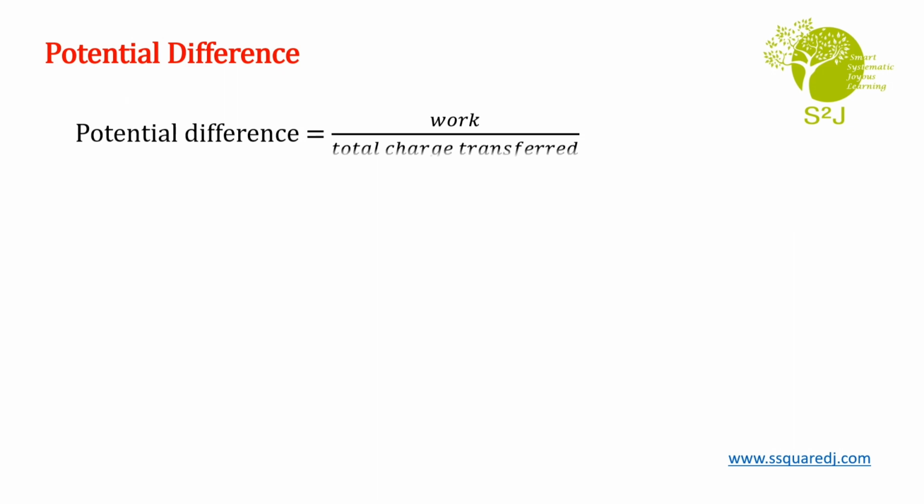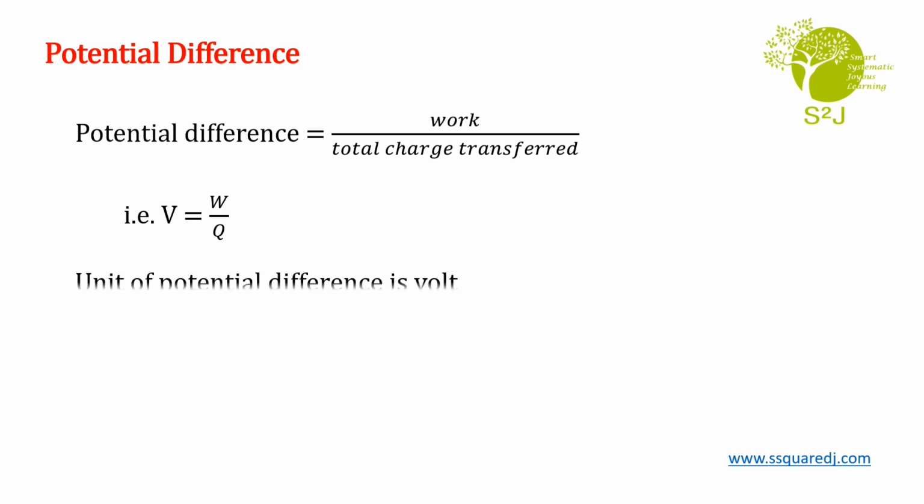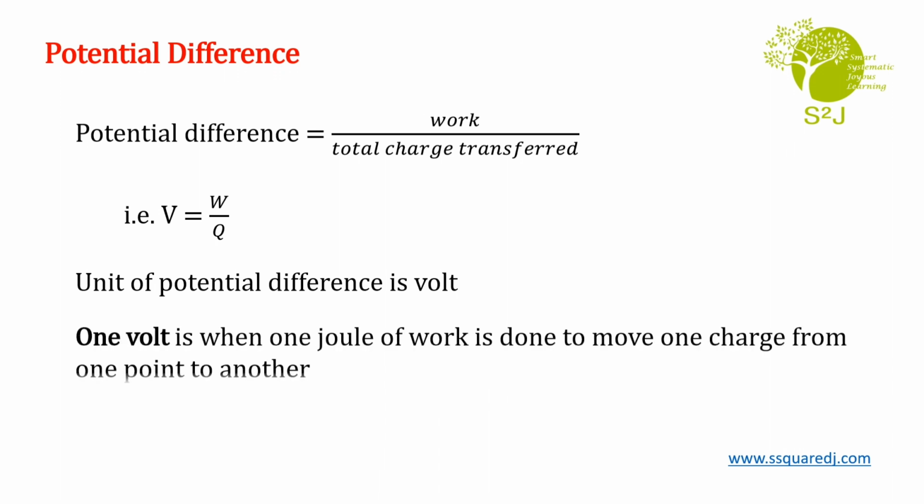Now, the formula for potential difference is work upon total charge transferred. That is, V is equal to W upon Q. The unit of potential is volt, represented by V. Now 1 volt is when 1 joule of work is done to move one coulomb of charge from one point to another.